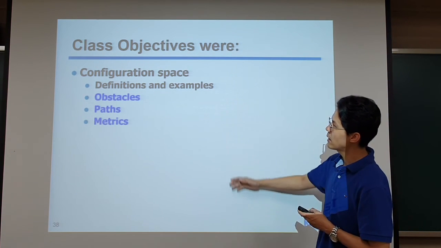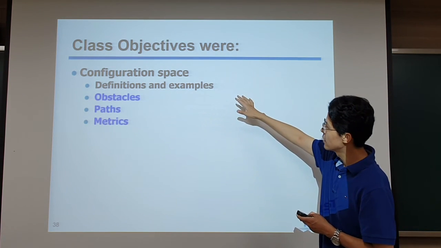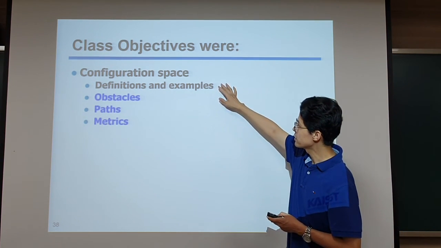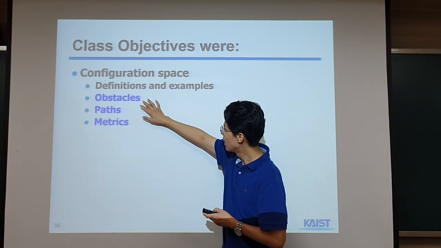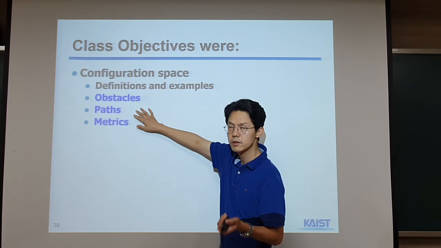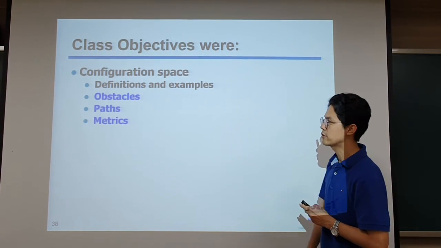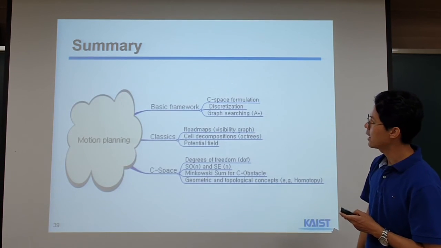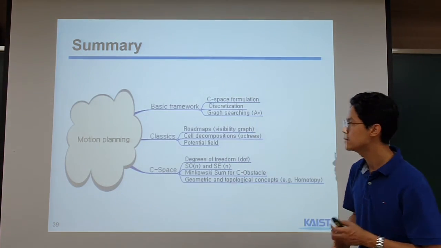Okay, so I talked about the different issues of the C space. I started with the definition and the constraints. Today I talked about how we can compute the C-obstacle space. Also I talked about homotopy classes, and the path-related concepts. I briefly touched on some of the metric concepts here. So I talked about some of the basic components of motion planners.